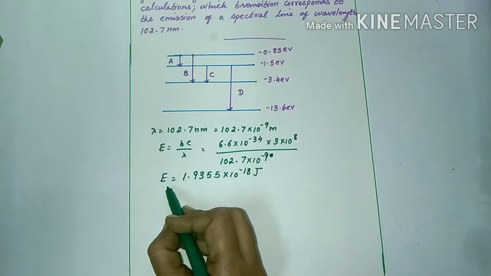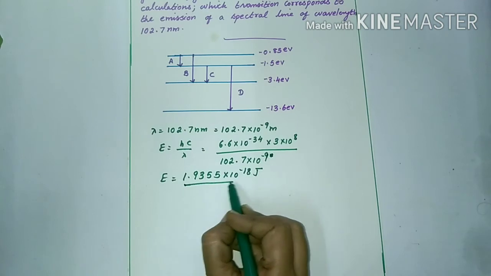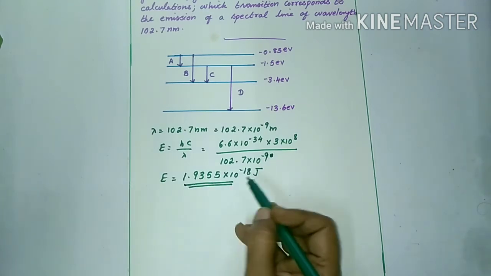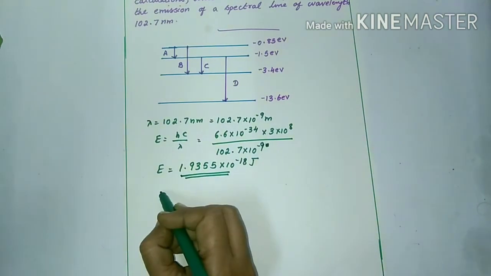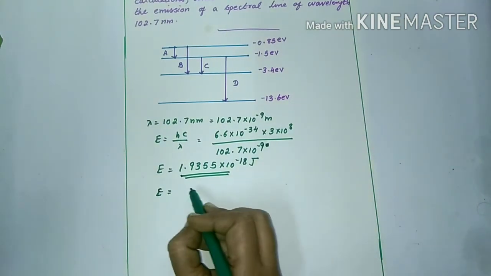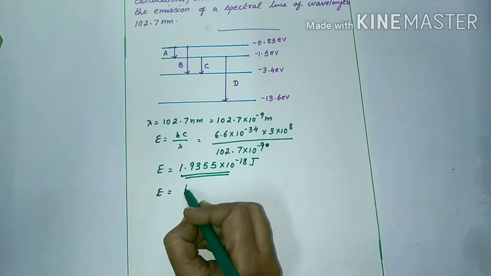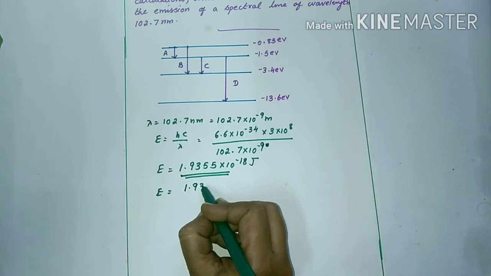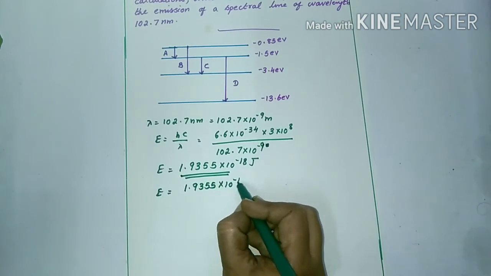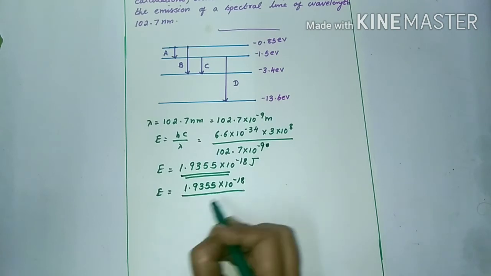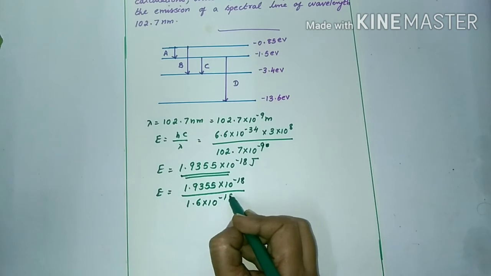You want to convert this value into electron volt because the energies are in electron volt. So you want to divide this value by 1.6 into 10 raised to minus 19, that is 1.9355 into 10 raised to minus 18 divided by 1.6 into 10 raised to minus 19.